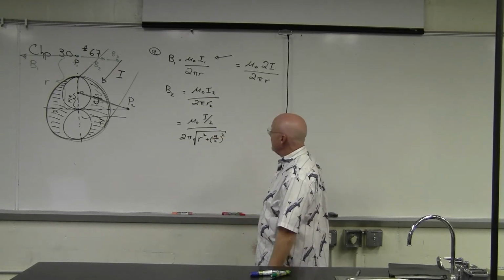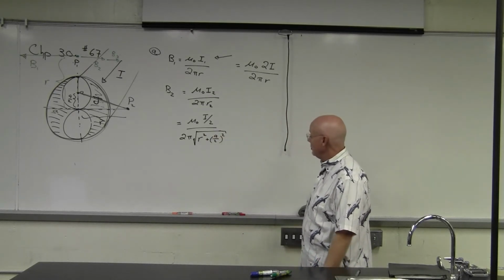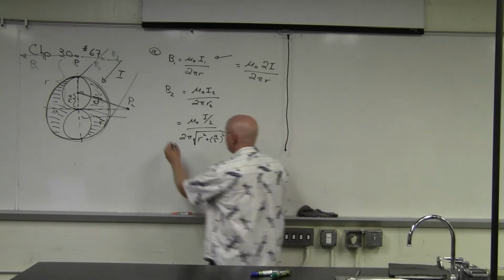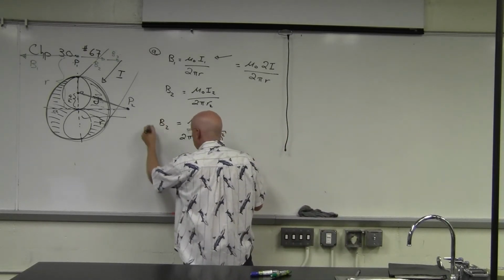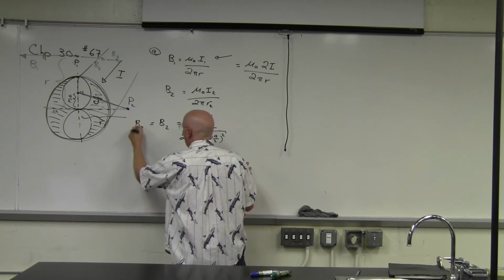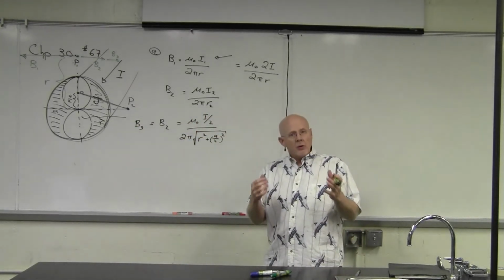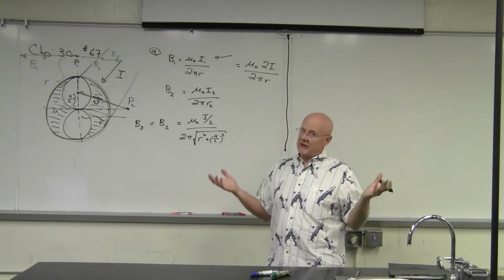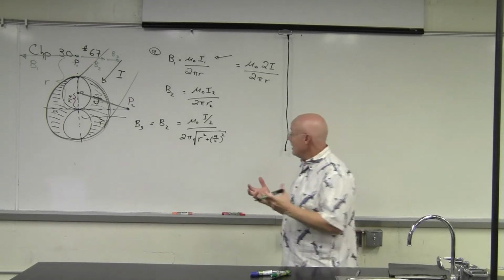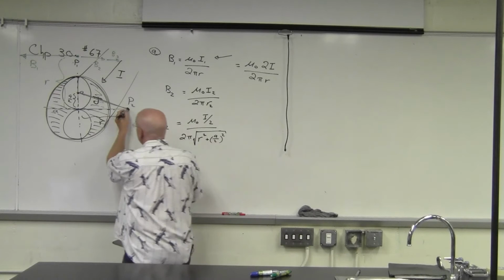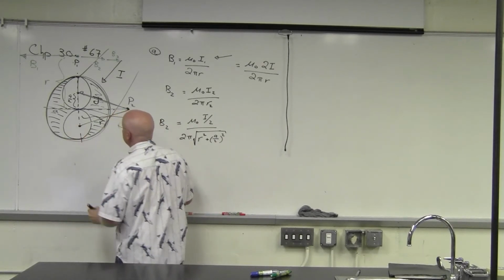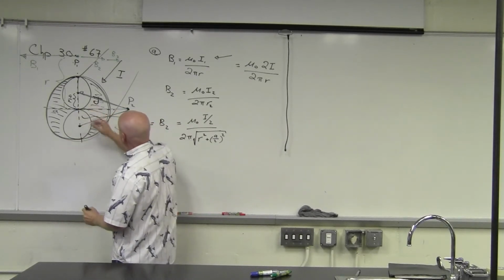And so that would be the magnitude of B2. Now again, I'll talk about direction, but I wanted to point out that number 3 is exactly the same magnitude, right? It's to the center of number 3. And number 3 is down a little bit.